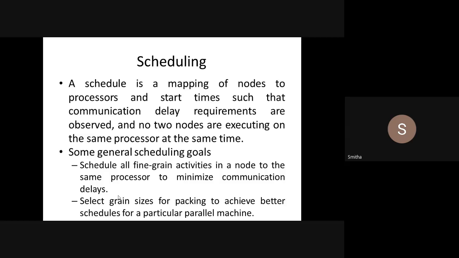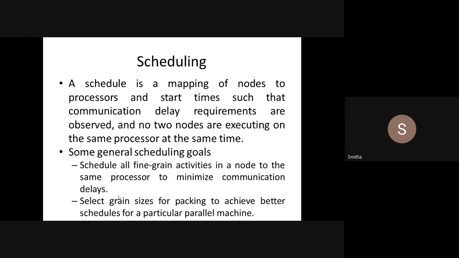We inserted synchronization instructions. So if we have all the data within the same processor, then there is no need of synchronizing with another processor. So they are telling that you map all the fine grain instructions to the same processor, so that a single processor will execute all the fine grain instructions.